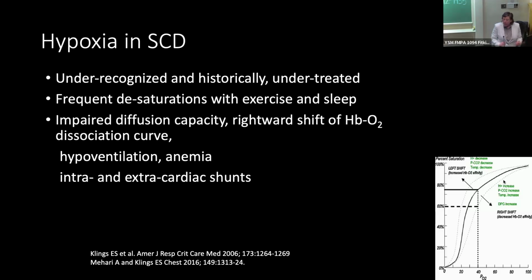In the setting of hemolysis, there's an increase in methemoglobin and carboxyhemoglobin within the blood, and also an increase in 2,3-DPG. Both of these things will increase the right shift of your oxygen dissociation curve. So basically, you need a higher level of PO2 to achieve the same oxygen saturation.